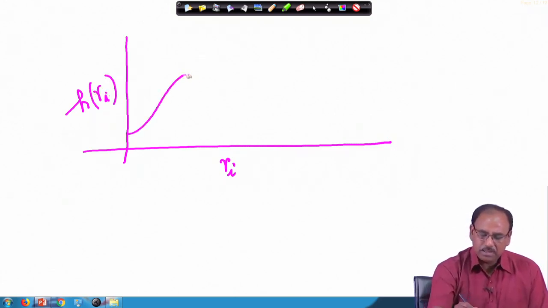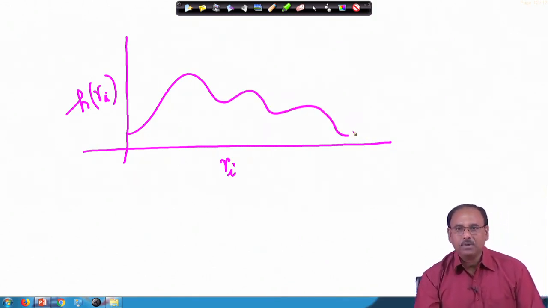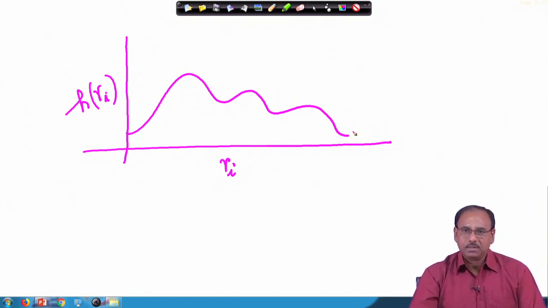This histogram has different shapes depending upon the intensity distribution, whether it is taken from an intensity image, or from a color image where I will have three such histograms, one for each of the color planes. Once I have this histogram, and if the histogram is normalized, that means it gives you the frequency of occurrence of an intensity value R_I, which is indicated by H(R_I).